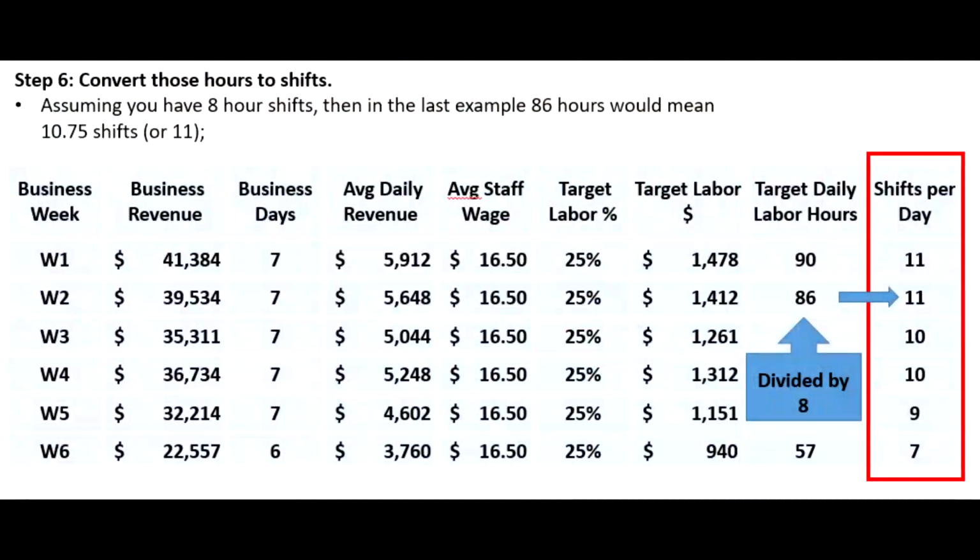I'm just going to assume everyone's on an 8-hour shift. And if that's the case, then 90 hours of labor would translate to about 11 shifts. And by the time they made it to week 6, then they're looking at 7 shifts a day. And so that gives us some ability to crosswalk here from weekly business revenue to average daily revenue, and then down to how many shifts we can support.